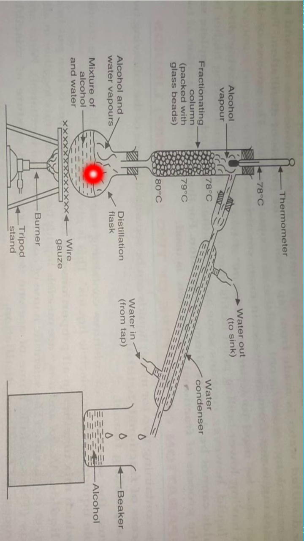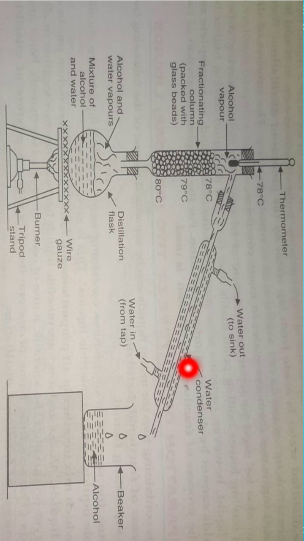It has been estimated that alcohol has a boiling point of 78 degrees Celsius. So when this mixture attains 78 degrees Celsius, vapors of alcohol pass through the fractionating column, and you can see this thermometer records the temperature 78 degrees Celsius. At this temperature the vapors of alcohol come out through this delivery tube.